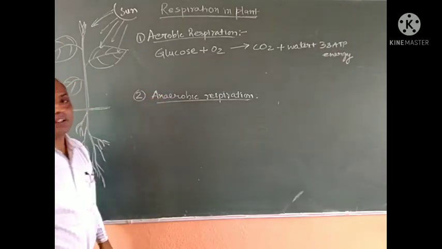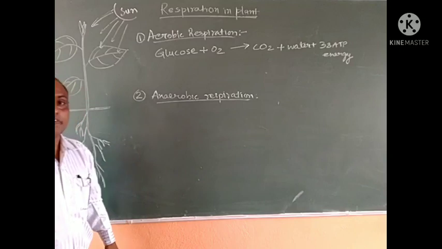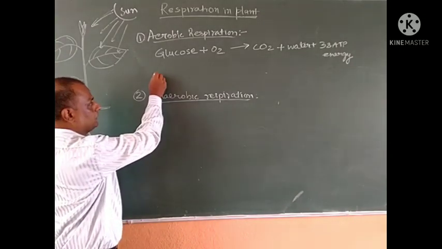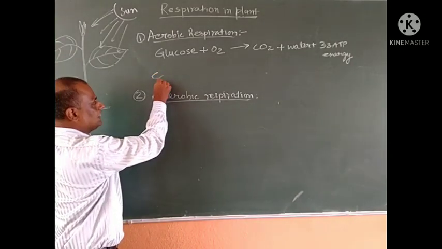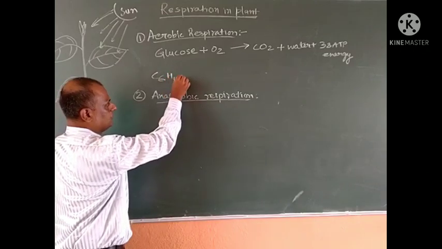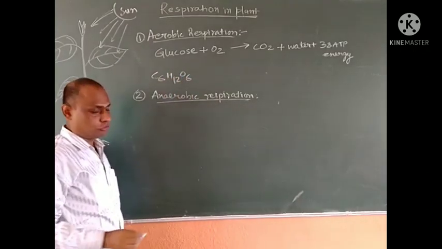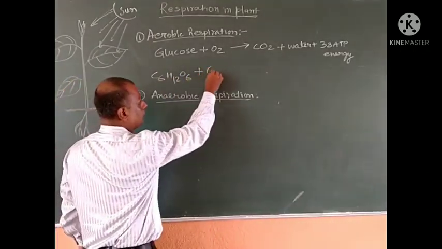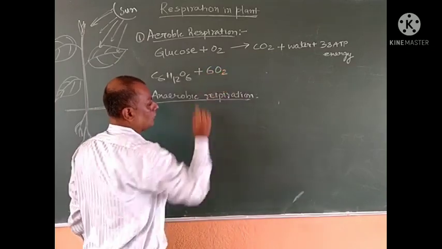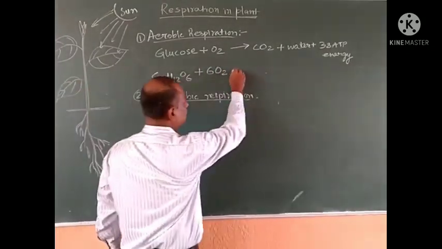If I write the chemical reaction for aerobic respiration here, C6H12O6, this is the formula of glucose, and here we are getting 6 molecules of oxygen.